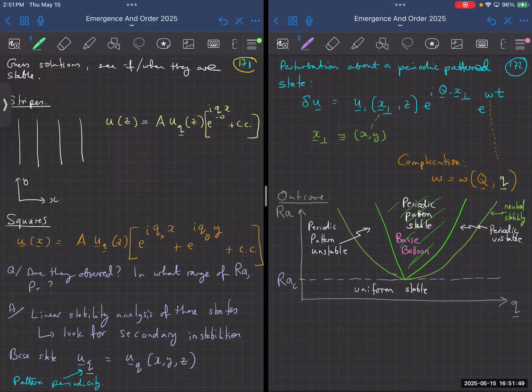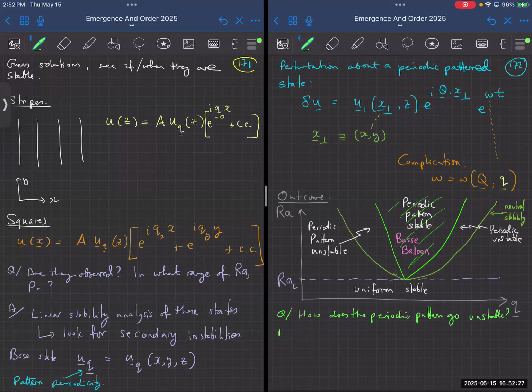But I want to show you just two things about these patterns. The question that we might want to ask ourselves, an interesting question, is how does the periodic pattern go unstable? What I want to show you is that there are different ways these patterns can go unstable.